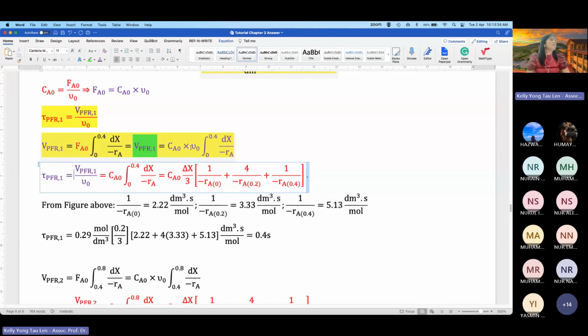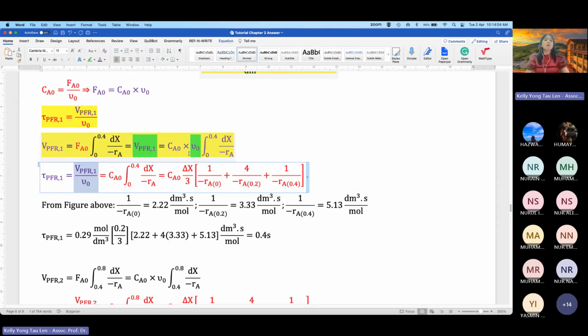You can see here I'm now moving my epsilon naught from the right hand side to the left hand side. If it is in the numerator on the right, when I move it to the left it becomes the denominator. So you see now I get volume PFR1 divided by epsilon naught, which is the same as my space-time that I want to find.